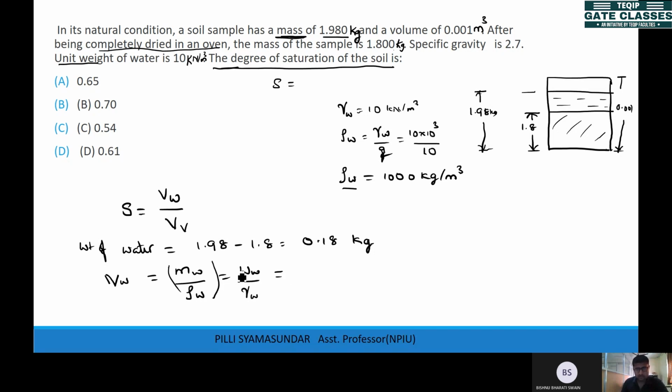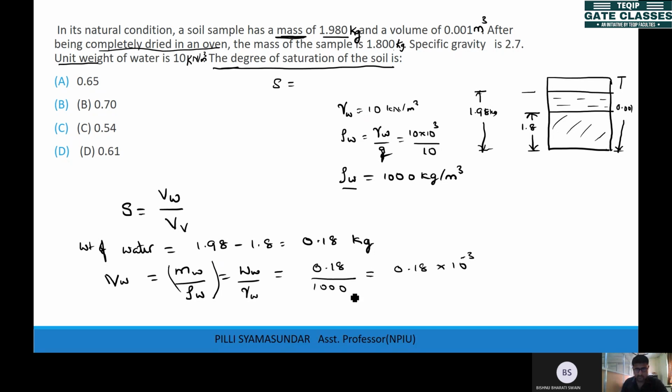So the mass is 0.18 kg, and the density is 1000. So this equals 0.18 into 10 to the power of minus 3. Units are important.